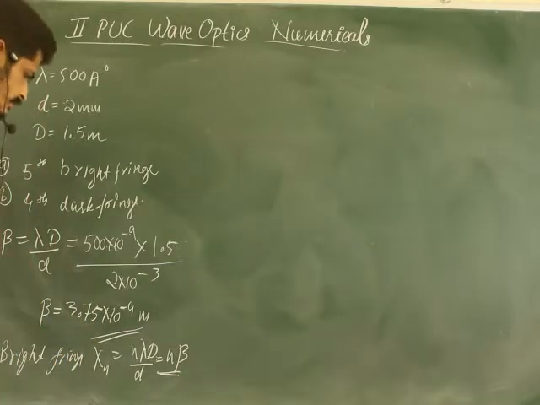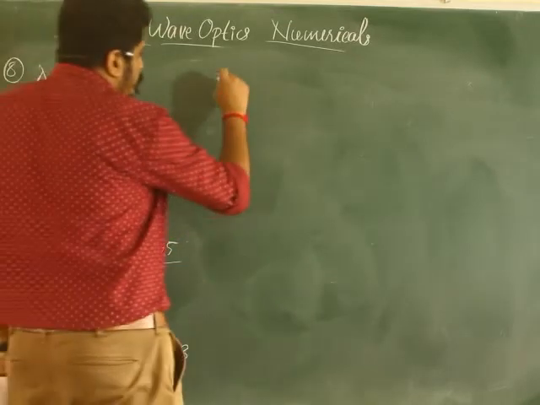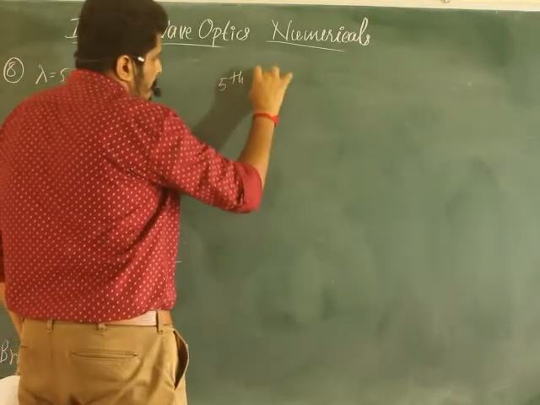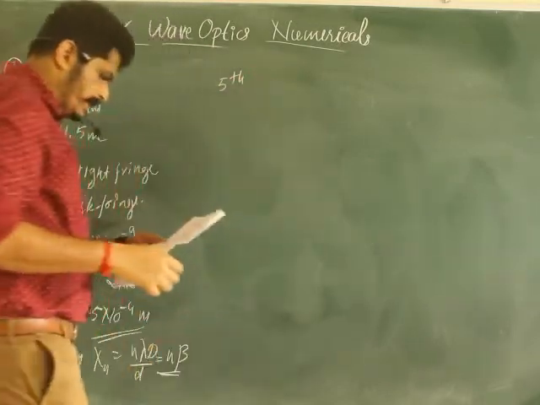So bright fringe xn equal to n lambda D by d, or n beta, right? So for the fifth, what is required?